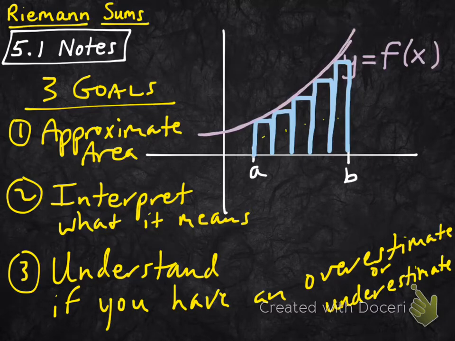And then if we build rectangles above, let's say up here, where every rectangle is on or above the curve, then we would see we have an overestimate.